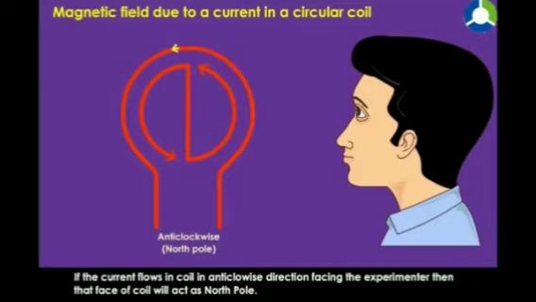If the current flows in the coil in anti-clockwise direction facing the experimenter, then that face of the coil will act as the north pole of the magnet.